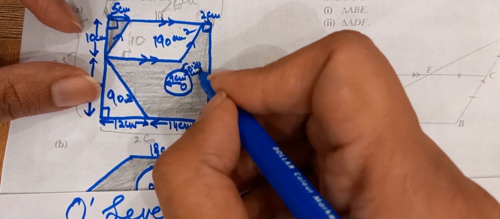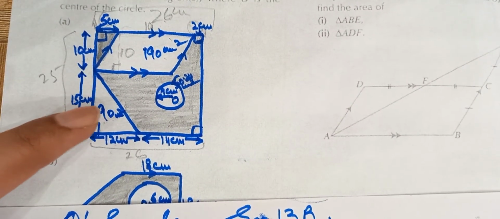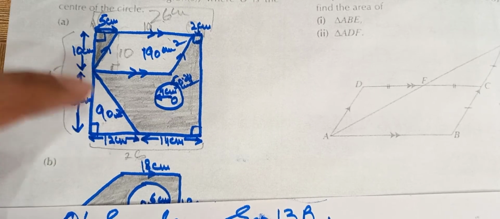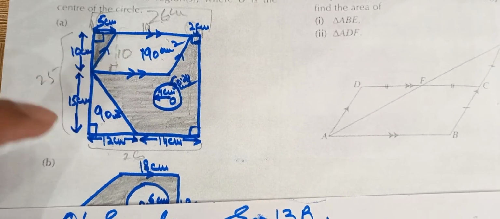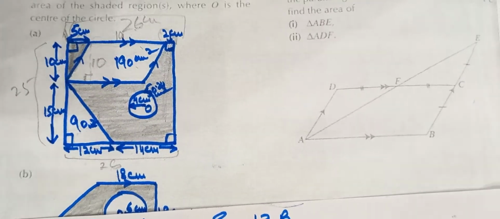50.24 centimeters square. Now I have to subtract the sum of these areas of the white parts from the area of the rectangle, and I will get the required result.